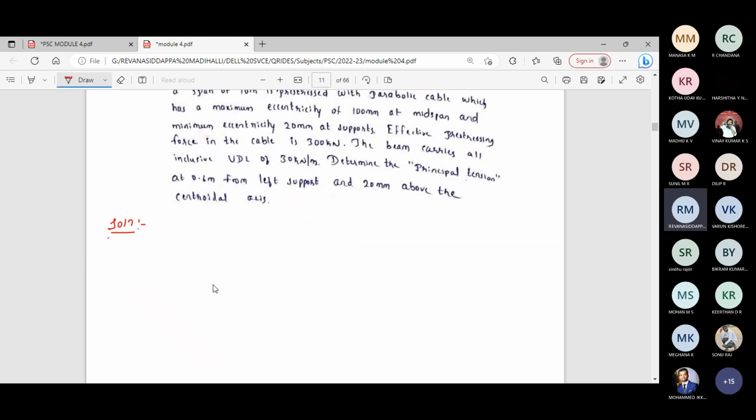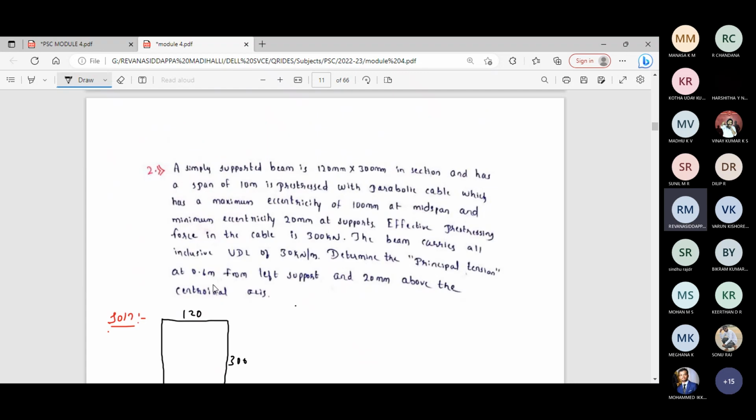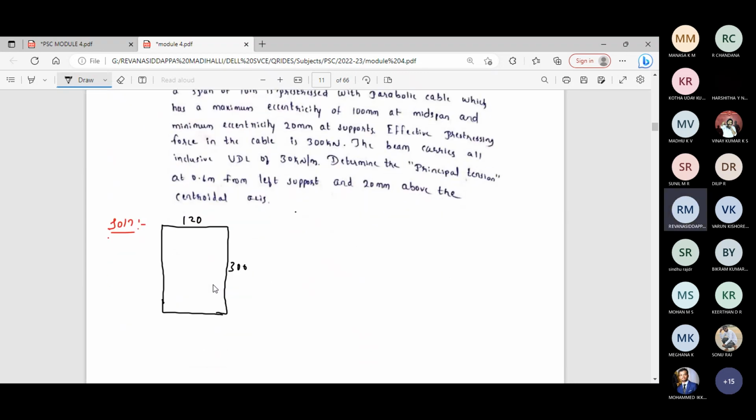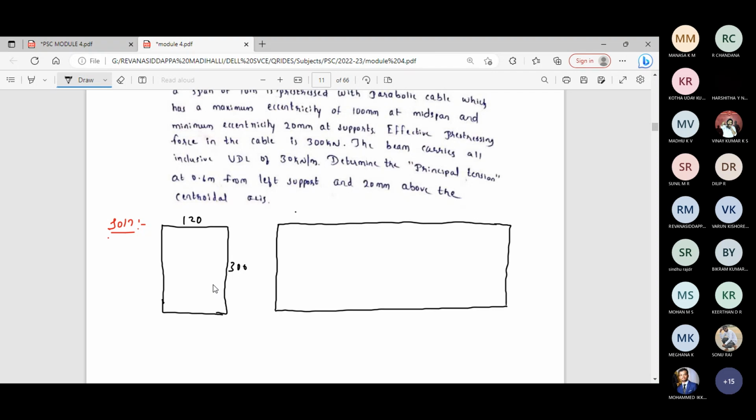Let me read the cross sectional dimensions: 120 by 300 mm. Total span of the beam is 10 meter.